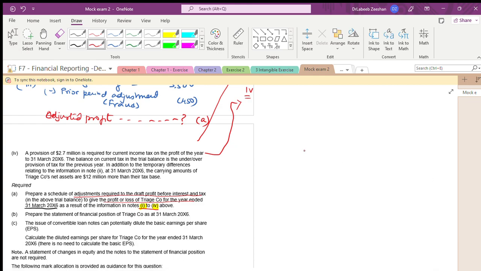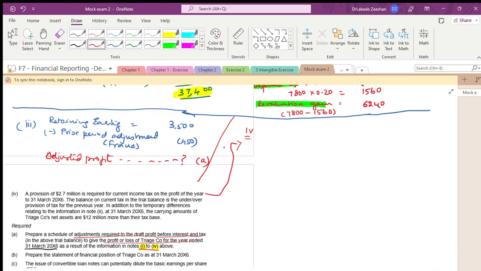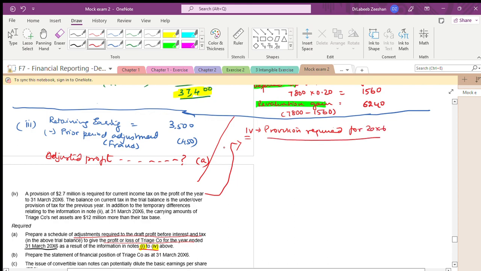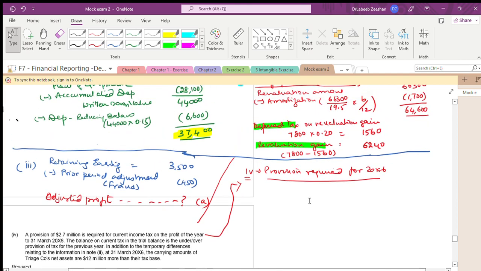Provision required for 2006, put an underline here. Now we have done the revaluation of property. How much is the revaluation gain we got? 7,800, and we have done some tax also.